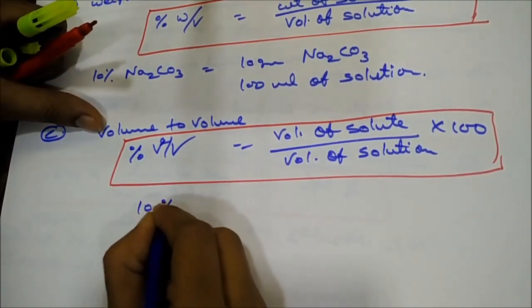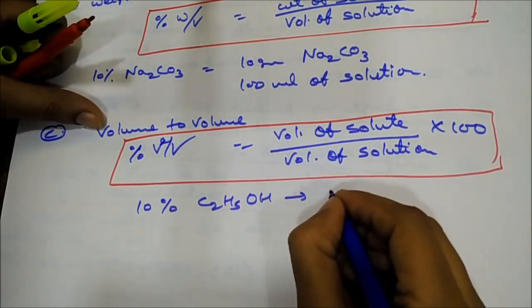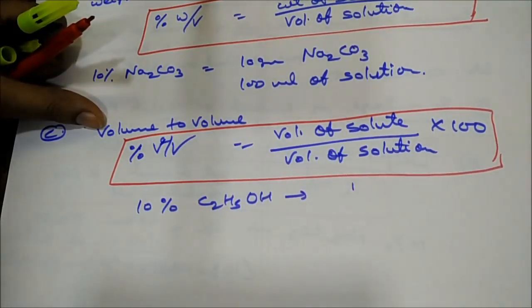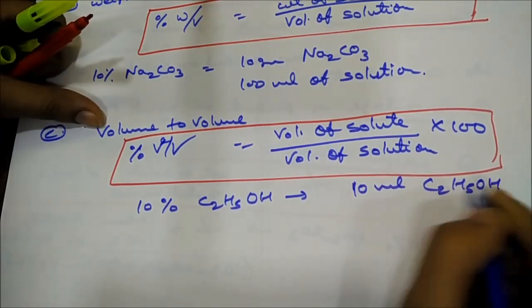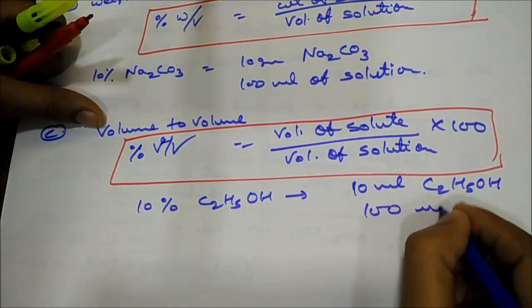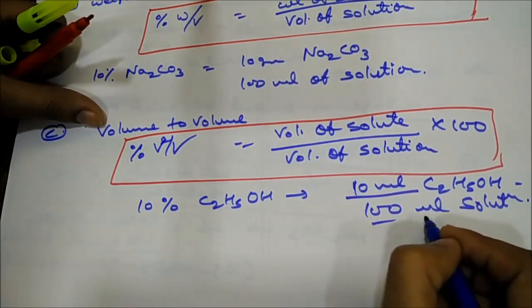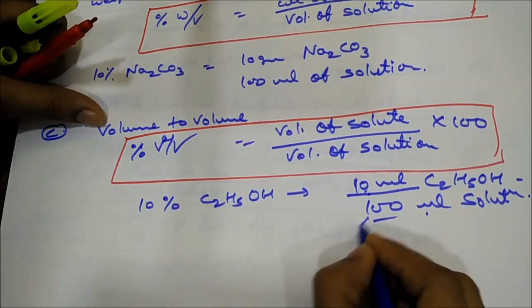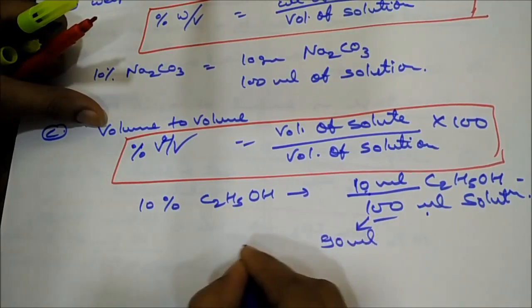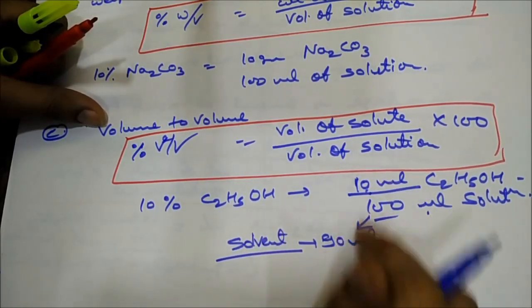So we write 10% of ethanol. Its volume to volume percentage will be 10 ml of alcohol in 100 ml of solution. Here this is solute and this is our solution. So the volume of solute is 10 ml and the volume of solvent will be 90 ml, and the volume of total solution will be 90 plus 10, that is our 100 ml solution.